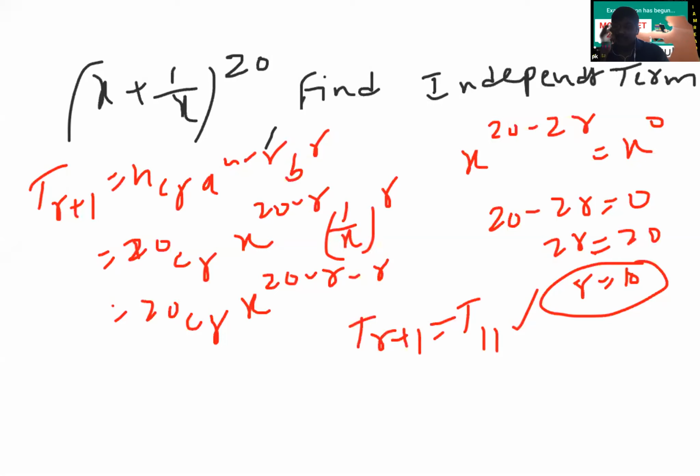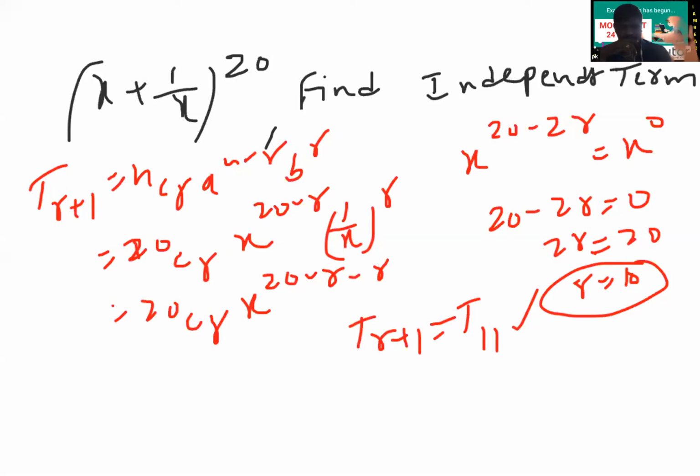The 20 here I didn't cancel. We want the independent term, no? That's why I equated only x power 20 minus 2R. Why would we cancel the 20 here? They asked which term, so we find the R value. Okay.